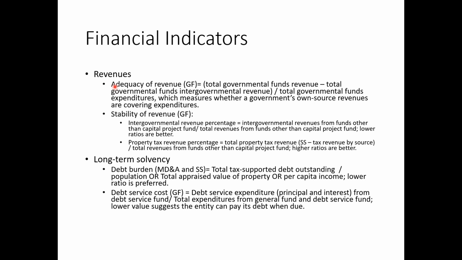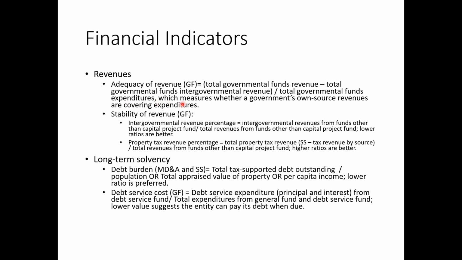The first ratio for revenues is adequacy of revenue. That's from governmental funds: total governmental funds revenues less total governmental funds intergovernmental revenues, divided by total governmental funds expenditures.